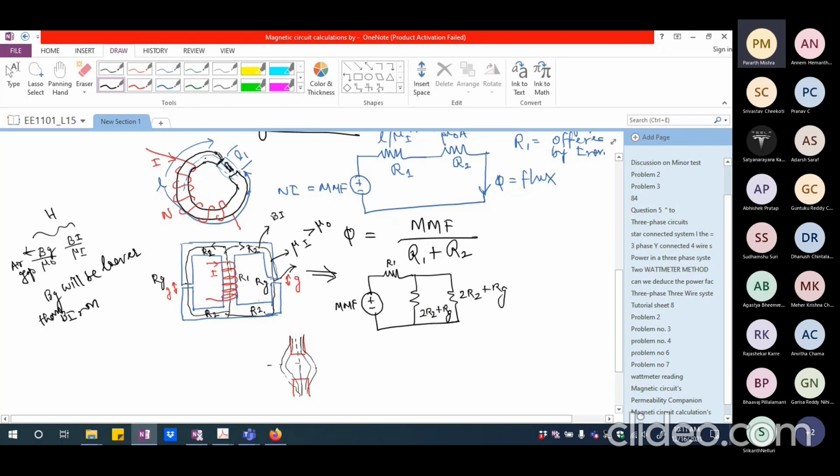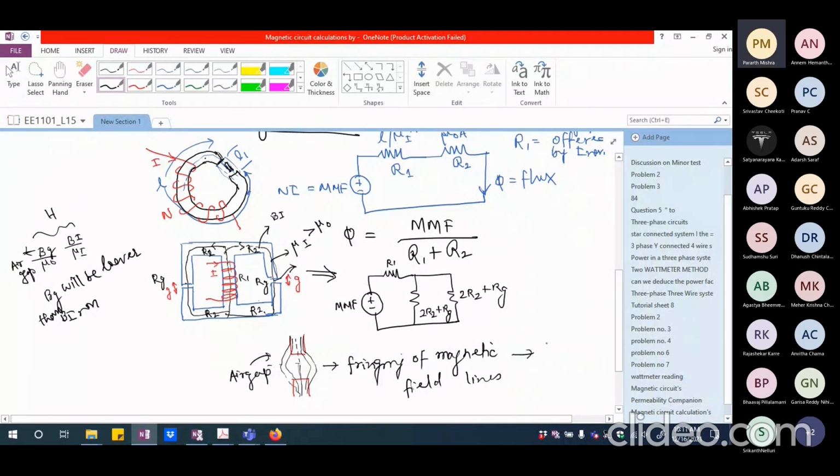This kind of bulging effect is known as fringing of magnetic field lines. They then converge again once they come back to the iron portion. So this is essentially the air gap portion where the field lines are going to bulge.